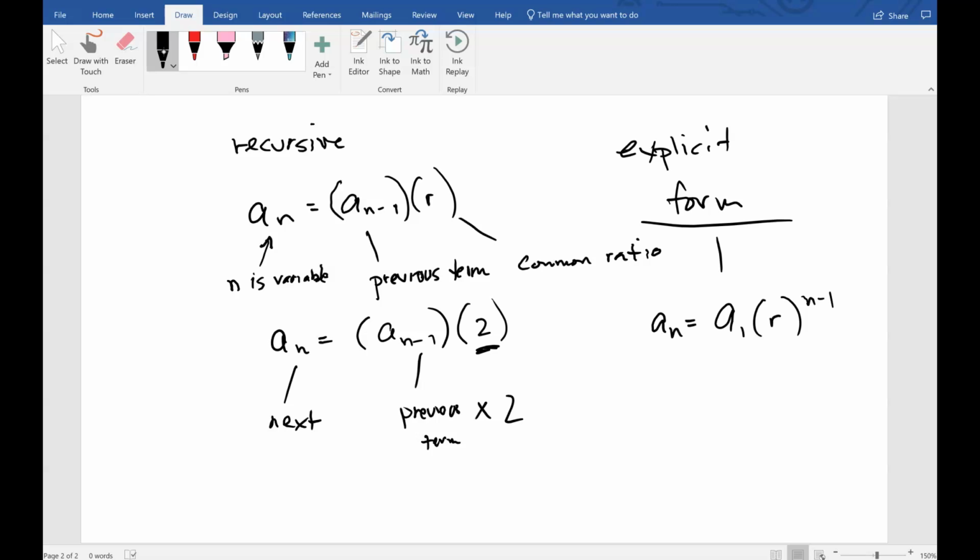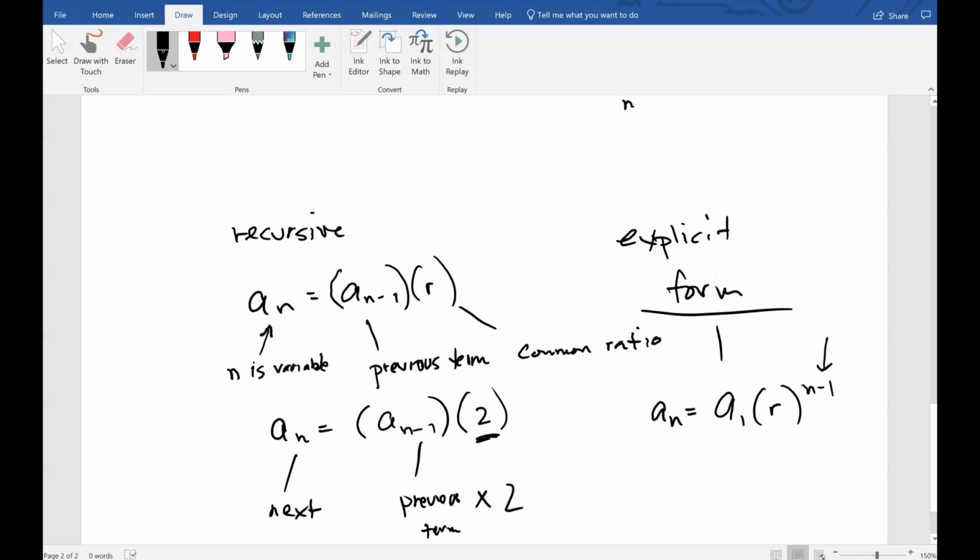This n minus 1 tells us basically how many times we need to multiply r. So r is going to be multiplied by itself multiple times.